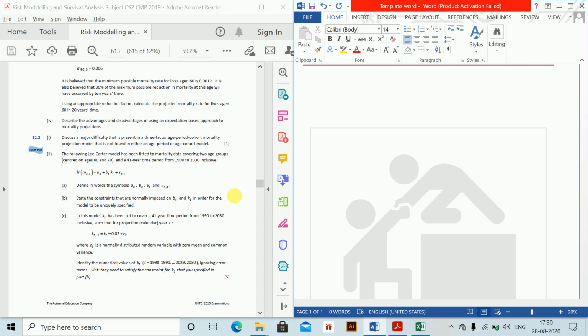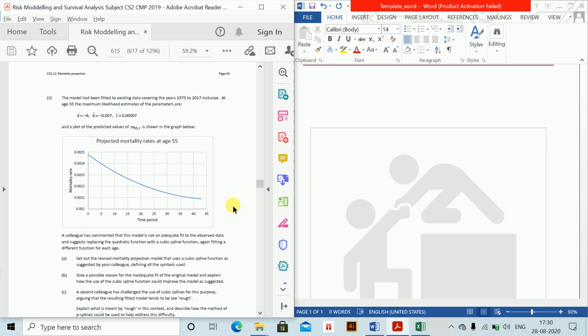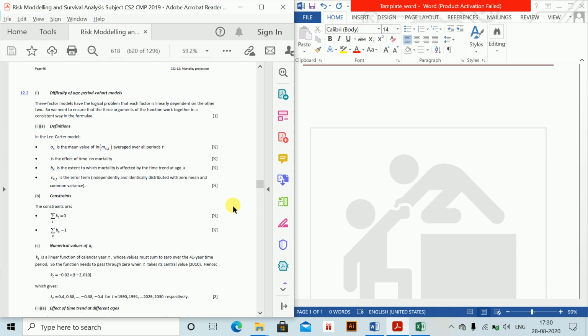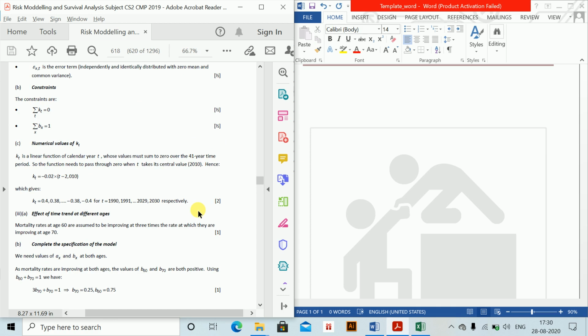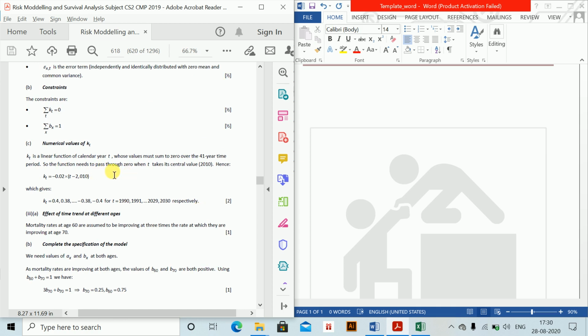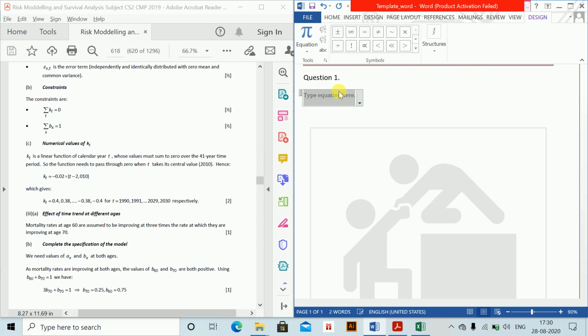So here we now have to find numericals. I'll go to the solutions and show you the numerical values of kt. This is also a very small part. In part C, kt is a linear function. Just write what is required in mathematical typing: kt equals 0.02 into (t minus 2010).